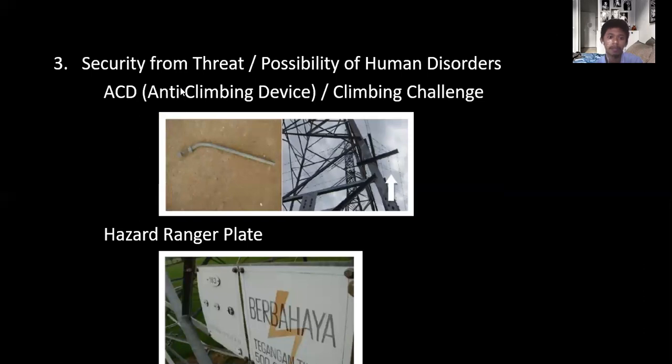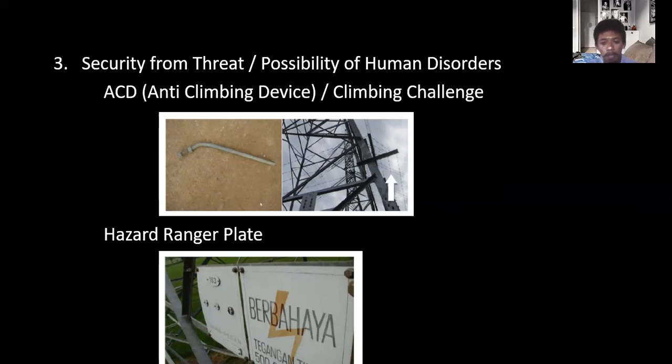Next, security from threat or possibility of human disturbance. Number one, ACT or anti-climbing device. This component serves to prevent unauthorized humans from climbing towers.